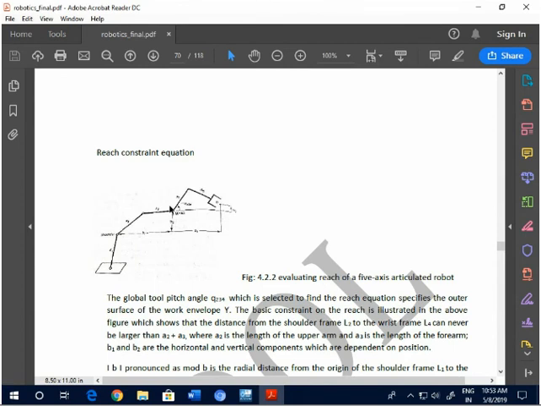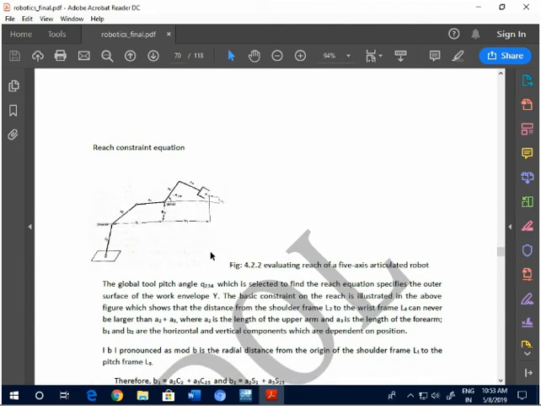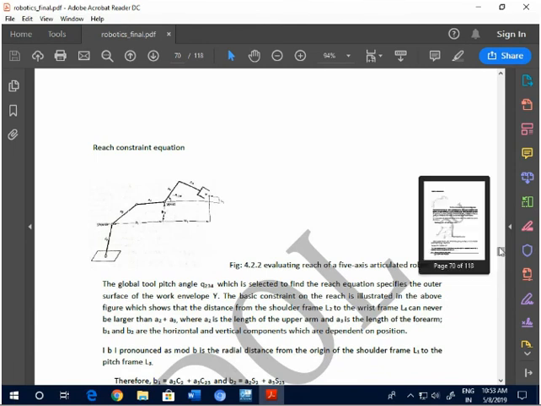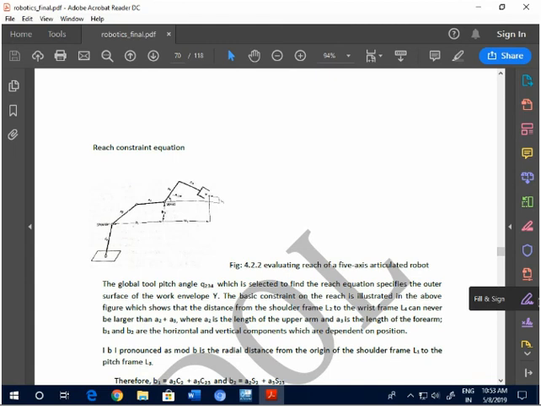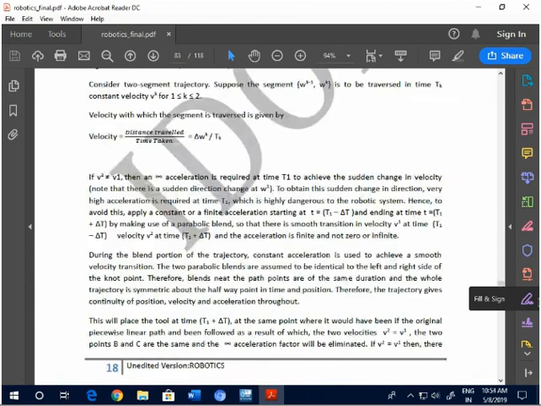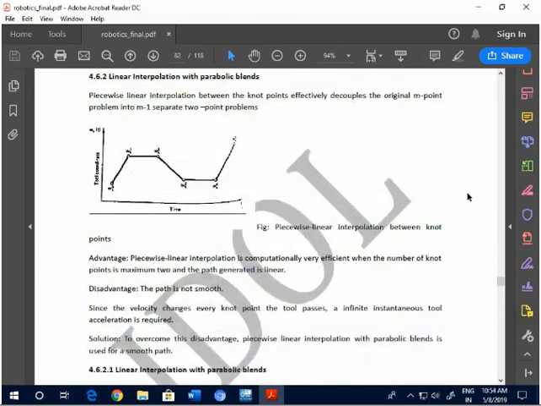So if you try to write the equation of the radial distance from the origin of the shoulder, your B1 will be equal to something, see here, it's not clear.